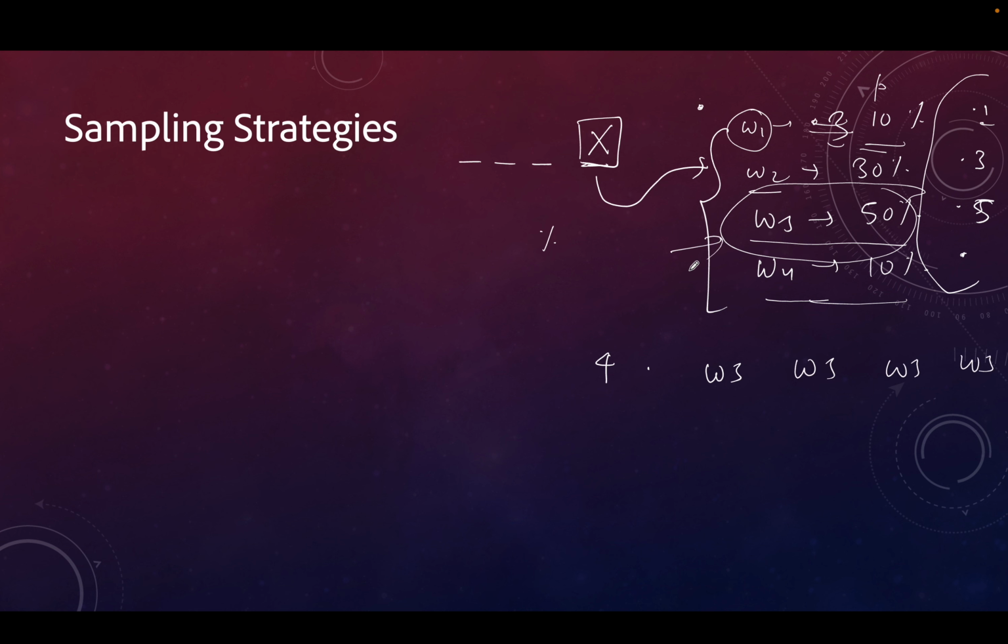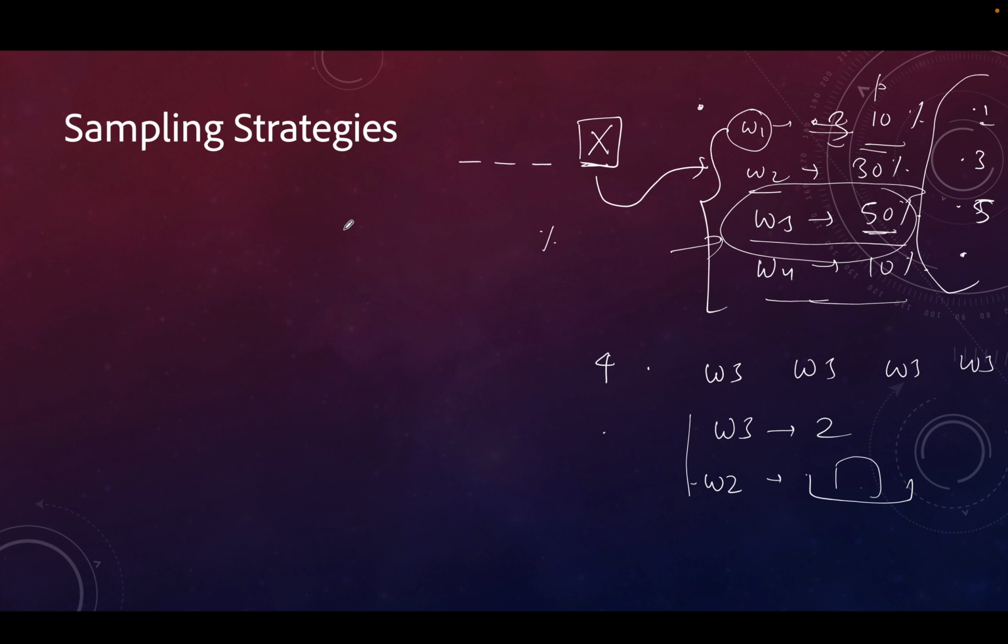It's certain we will always pick the highest. But if we use this probability instead, we are likely to pick W3 2 times because it has 50% probability of being picked, and W2 with a probability of 0.3. So two more times we will pick some other.